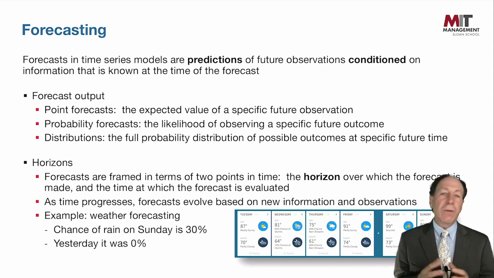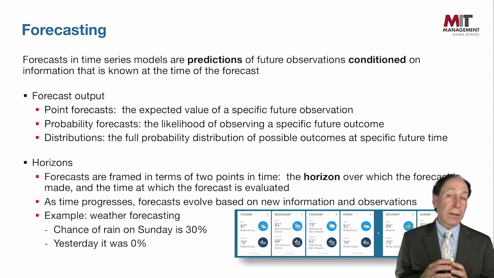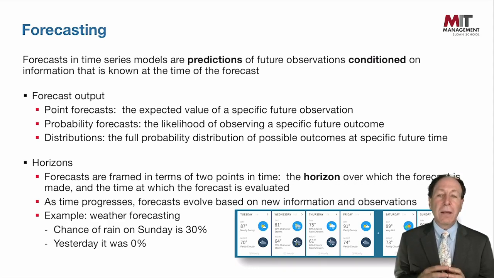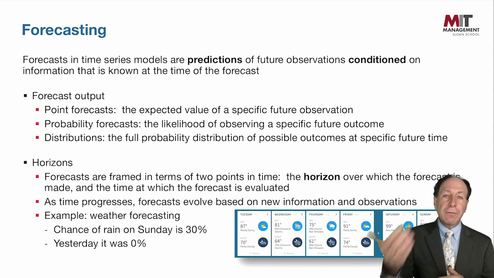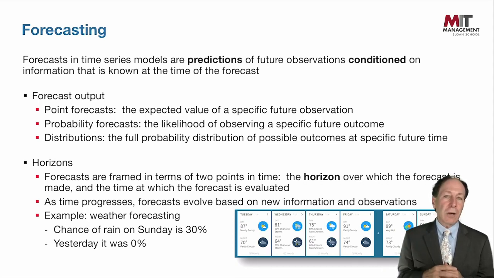And of course, we'll want to evaluate the quality of forecasts. And in many ways, it's less dramatic or mysterious than it might seem. One of the attributes of a forecast is that it has a horizon, or it may have multiple horizons. That is, a forecast is framed in terms of 2 points. The point at which we make the forecast, which we need to know so that we know what information is available on which to base the forecast, and the future date when the realization will be known.